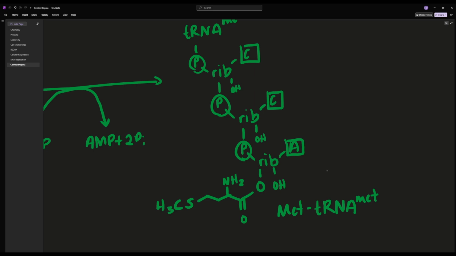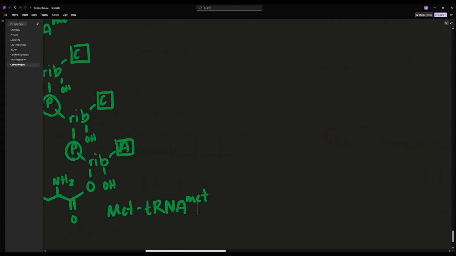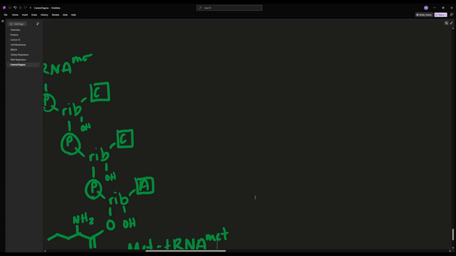There we go. This establishes our charged tRNA. Now, if we get multiple of these, I'm going to condense this down to our methionine. Actually, let's do it like this.